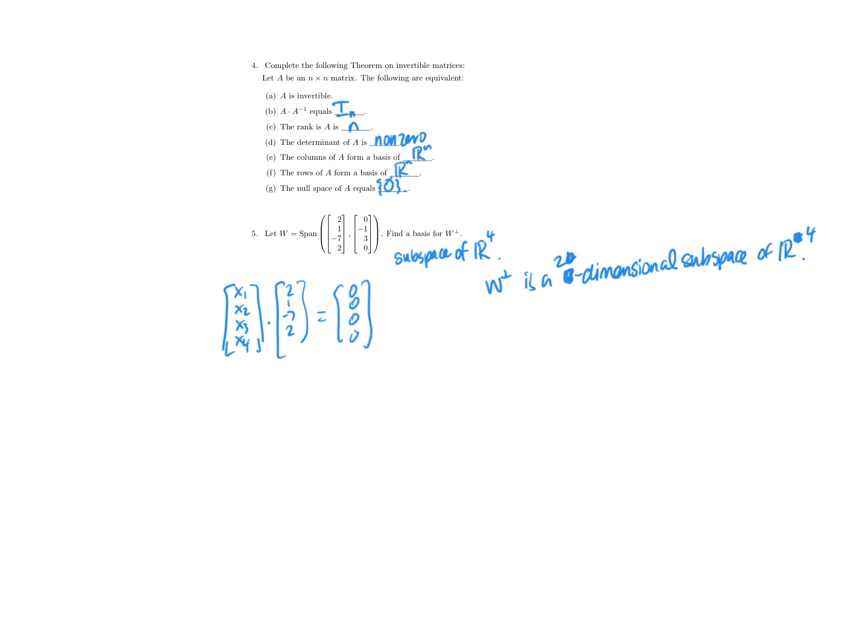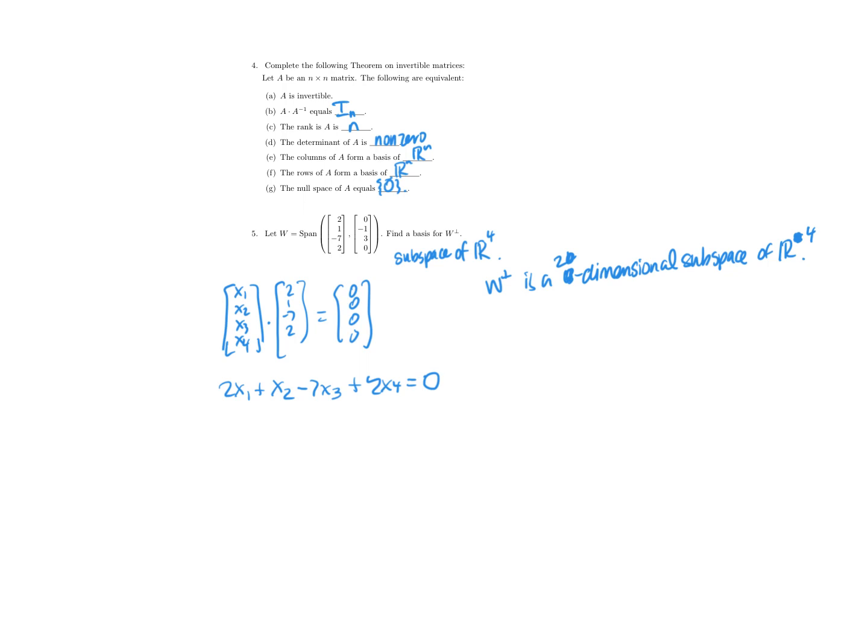So let's make a function out of that. That means 2x1 plus x2 minus 7x3 plus 2x4 needs to equal 0. And I also need that when I dot x1 through x4 with this other vector, I get 0.